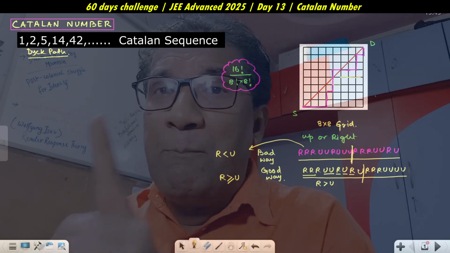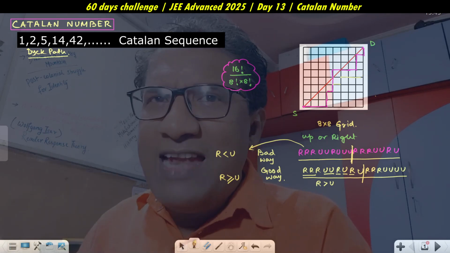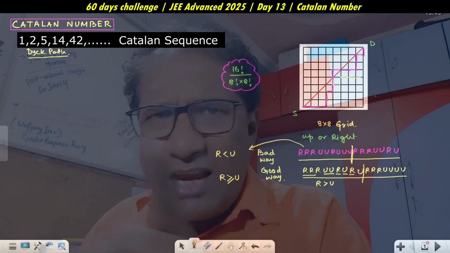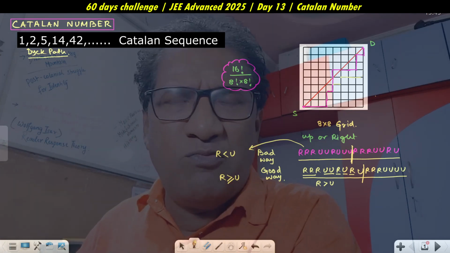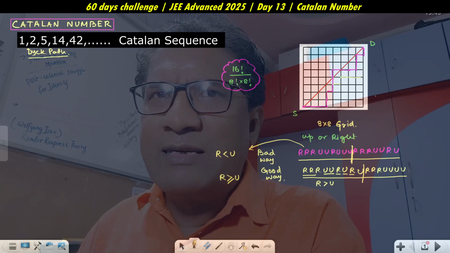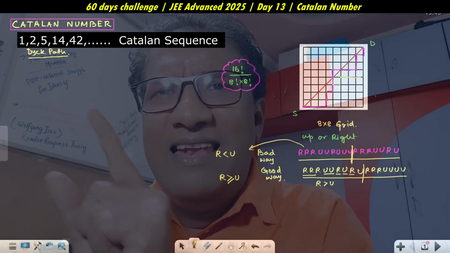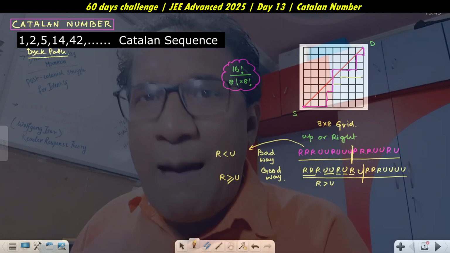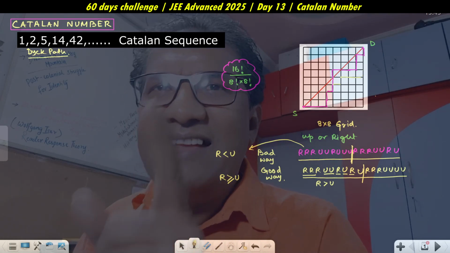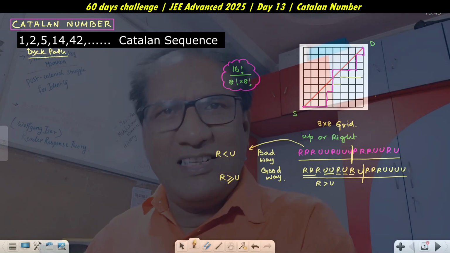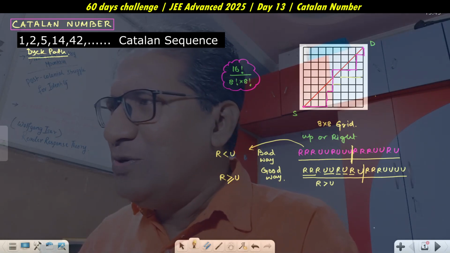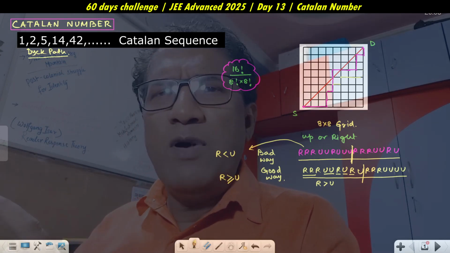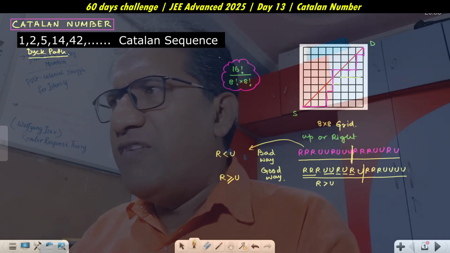But it will be a bad path when, at any stage of this sequence of right and up movements, at any point, your right movement is less than the up movement. And the moment this happens, we will say that it is a bad path. Is it clear to everyone? Have you understood? So now, how to find out the number of good ways? Very simple.